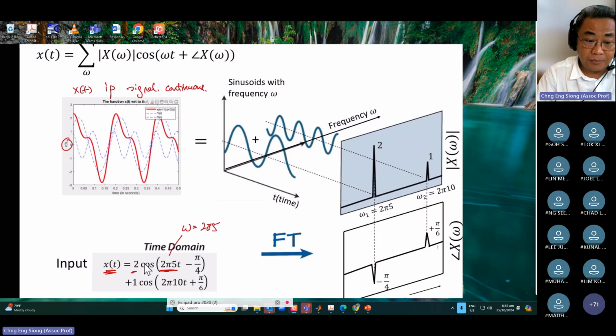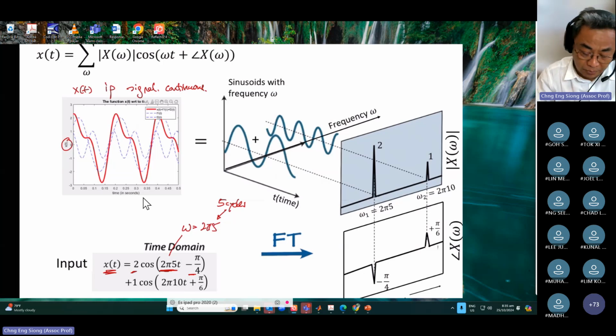It means that it will have 5 cycles of a cosine per second, running across time t with a phase shift of minus pi over 4. So that is the first one, 2 cosine of 2 pi 5. The other one is 1 cosine of 2 pi 10.